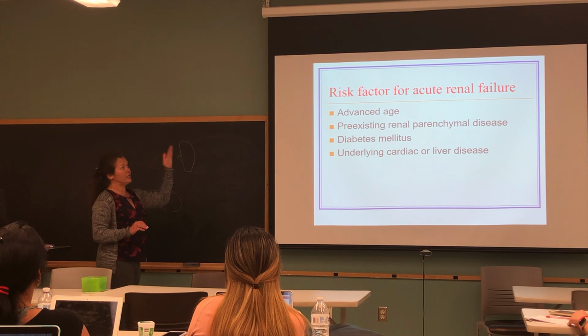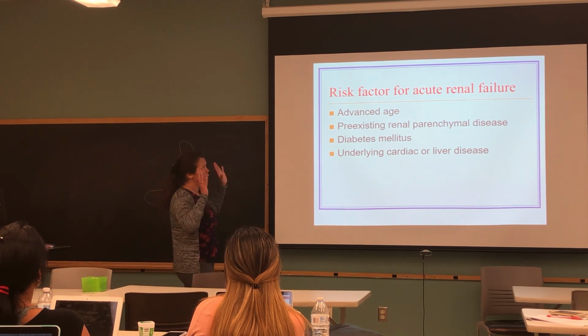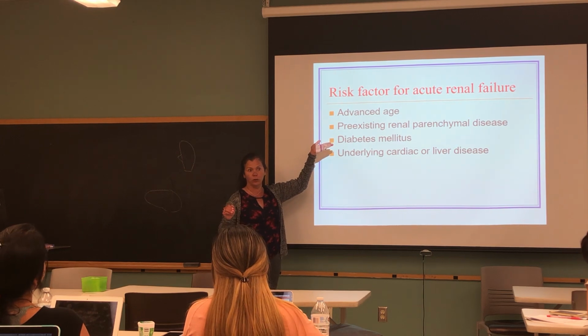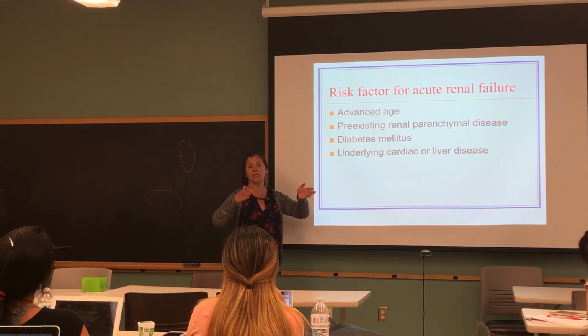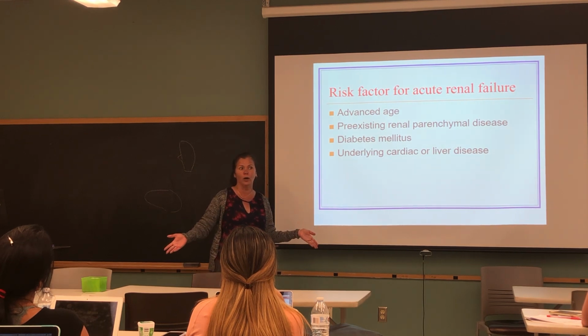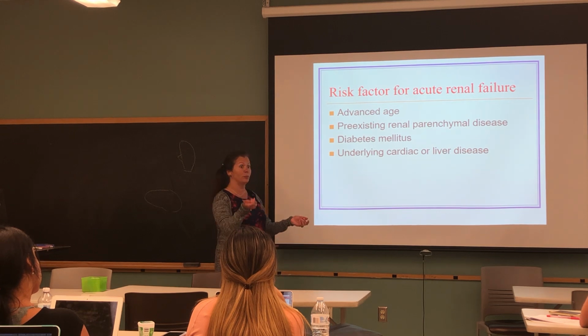So, what are the risk factors that can give you acute renal failure in general? Of course, the older you are, the more comorbidities you have, the more medications you're on. In addition to that, as I told you, muscle mass, malnutrition, perception of thirst is affected. That could also affect volume status.